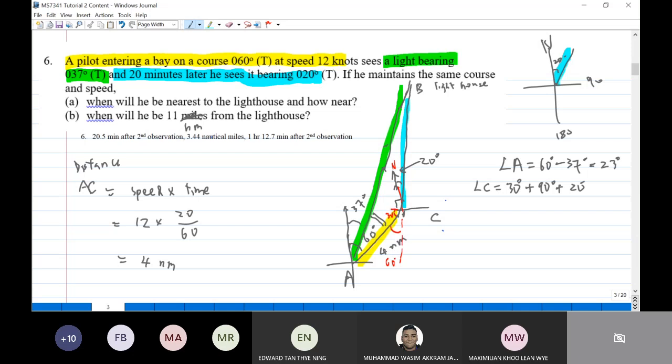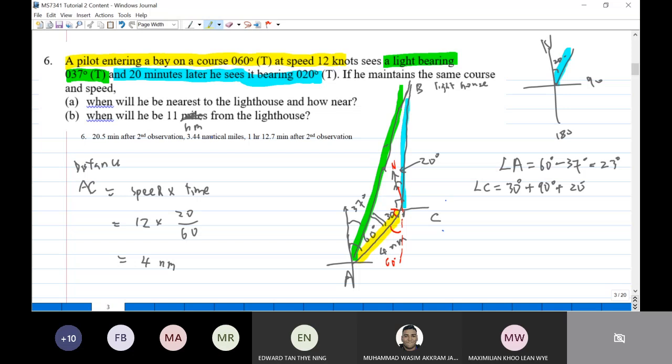Let me write down 30 degrees. Then plus 90 degrees from north to west, right? From north to west is 90 degrees. Then another, the bearing of 20 degrees.